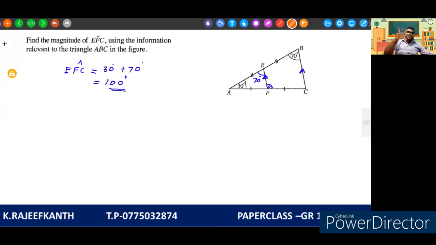Then in triangle AEF, angle EFC is an exterior angle. We have already learned in grade 9 that the exterior angle is equal to the sum of the interior opposite angles. These 70 and 30 are the interior opposite angles of this exterior angle. Then 70 plus 30 is equal to 100 degrees. So angle EFC is 100 degrees.